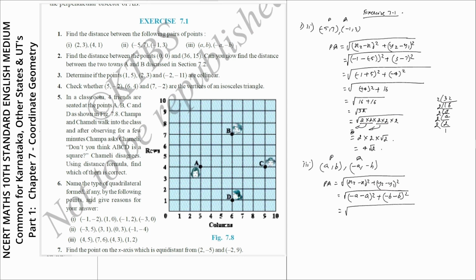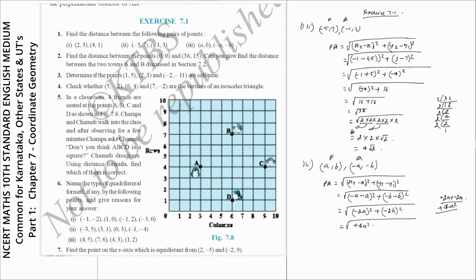So this is equal to square root of, so minus a minus a is minus 2a, it's addition. So plus of minus b minus b is minus 2b, the whole square. So this is equal to square root of, so minus 2a into minus 2a is plus 4a square I'll get. 2 2s are 4, a into a is a square, minus into minus is plus 4a square.